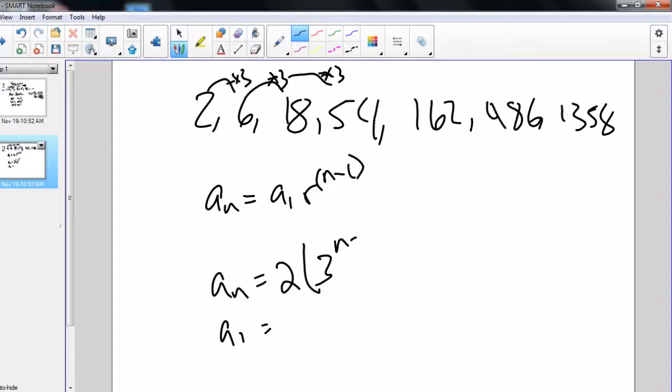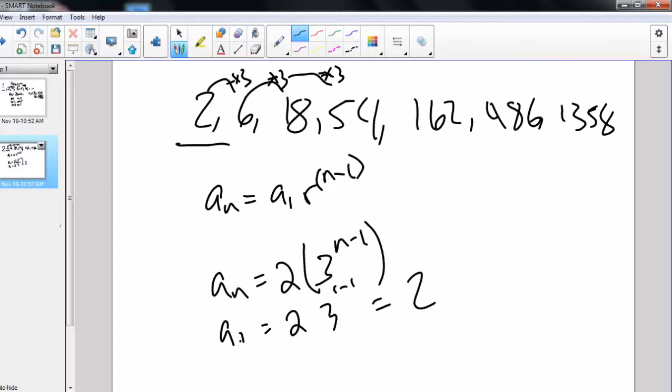Now, if I do 3 to the n minus 1, then when I plug in 1, I get 3 to the 1 minus 1 is 0, which is just 2. So the reason you got to drop it off by 1 is so that the first term will be by itself before the 3 starts multiplying. Okay? We call this a geometric sequence.